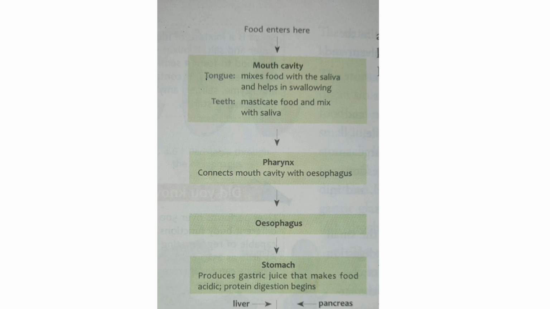The digestive organs chemically act upon the food that you consume. Actually, the food that we consume is a complex food. From the complex food, it cannot be absorbed in a normal way. It has to be broken down and converted into smaller, easily absorbable molecules.